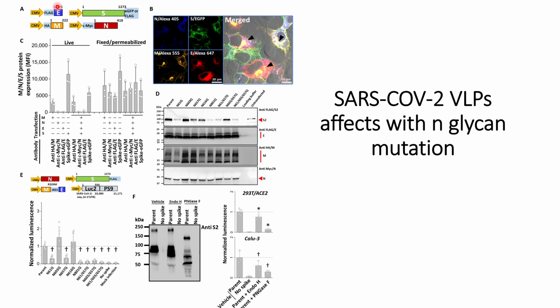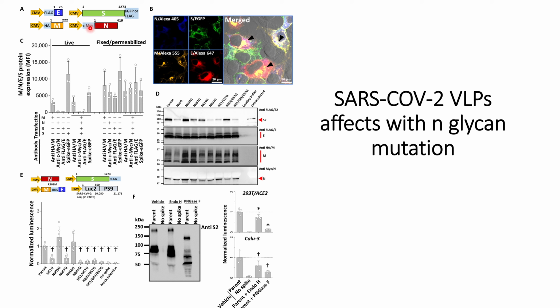The envelope plasmid has a FLAG reporter. The spike plasmid has an EGFP or FLAG reporter, and the third plasmid, the membrane plasmid, has an HA tag. The fourth plasmid, the nucleocapsid plasmid, has a c-Myc tag.